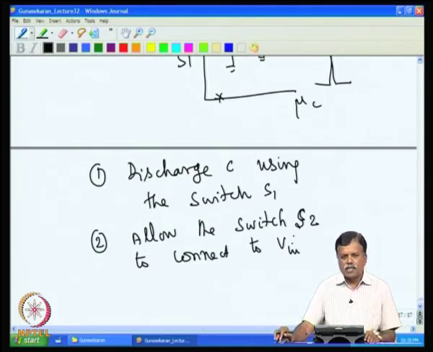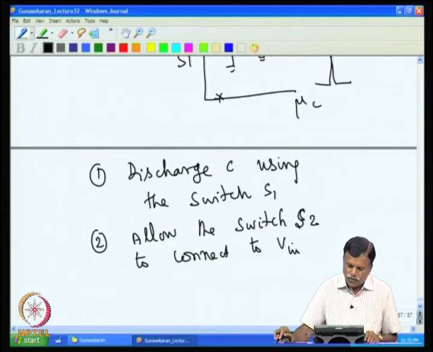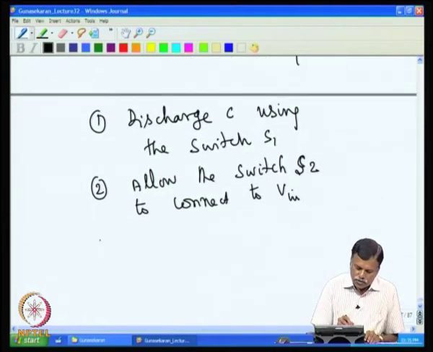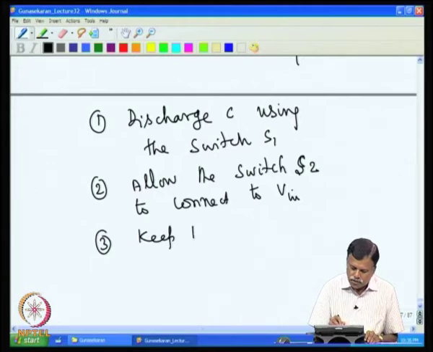By doing this we are actually charging the capacitor. So, keep the switch S2 for a fixed time t.